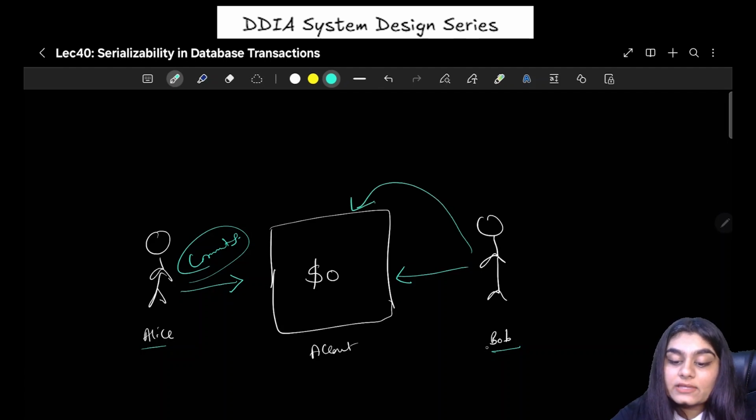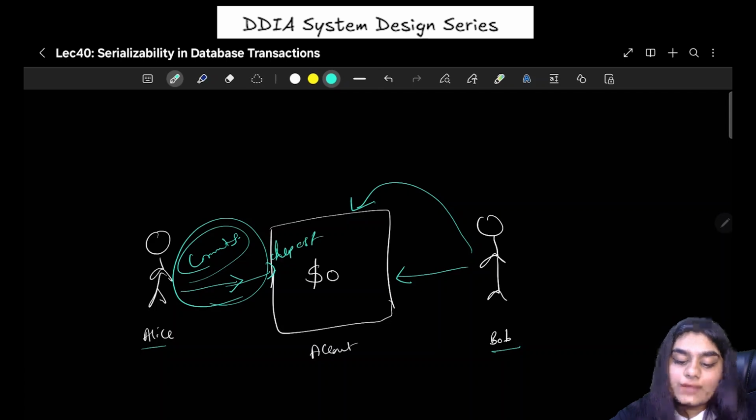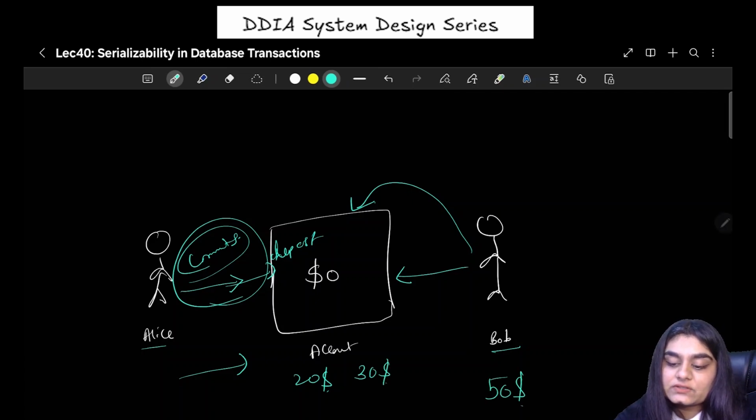So Bob is overwriting Alice's deposit. For example, Alice was trying to deposit $20 and Bob was depositing $30. So instead of the account having $50, it is just overwriting $20 with $30. So inside this, there is $30.